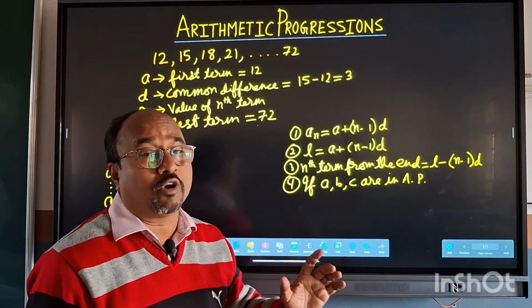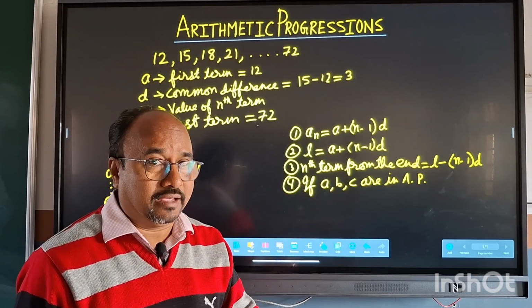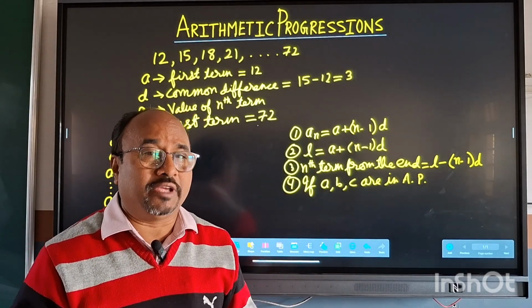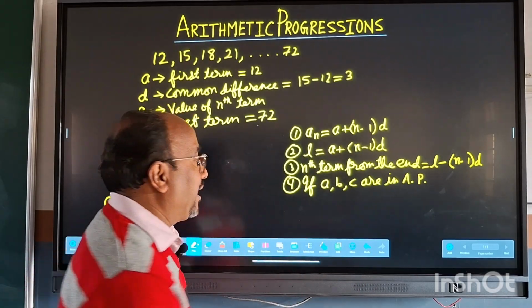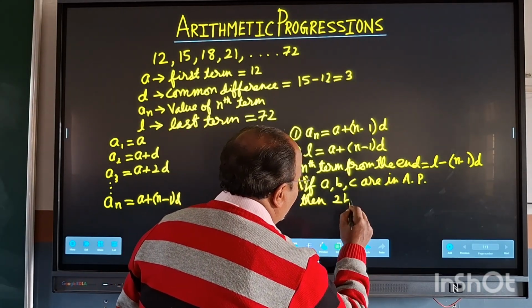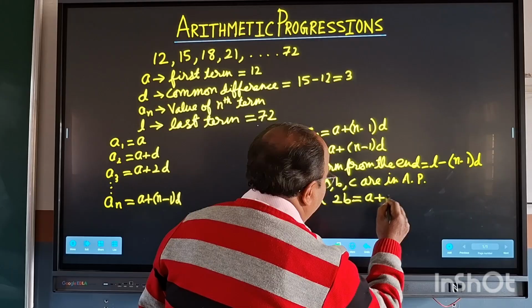For the first two terms, the common difference will be B minus A. And for the last two terms, it will be C minus B. Both common differences should be equal. So if you write and combine it, you will come across this relationship: 2B is equal to A plus C.